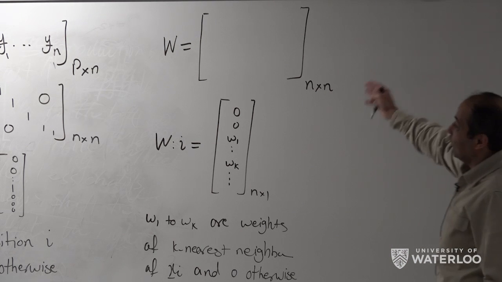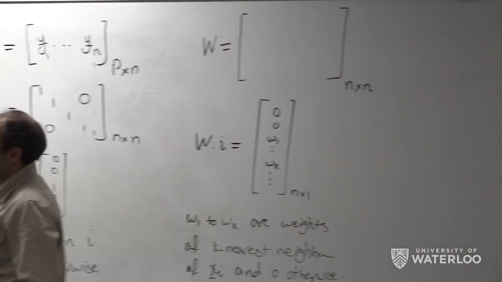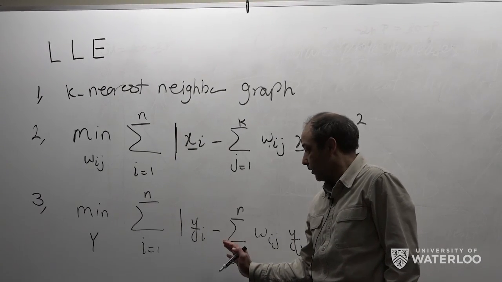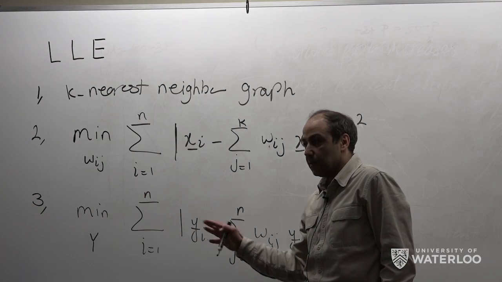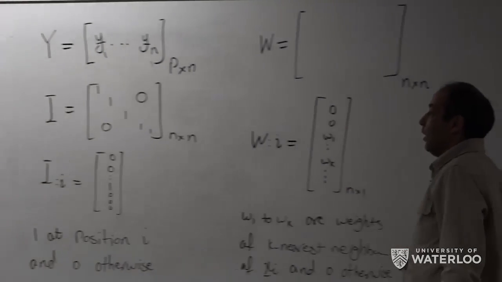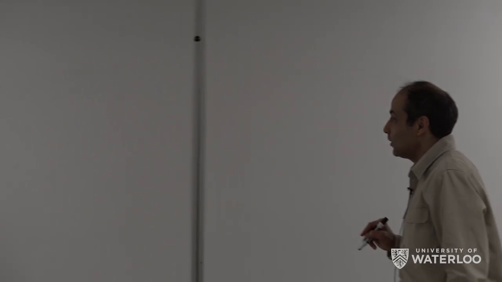So having these notations, I try to rewrite this cost function in a form that is based on just matrices and vectors. So I want to get rid of this summation.